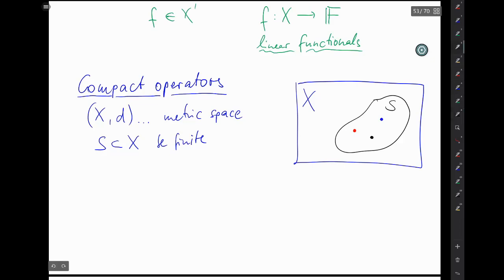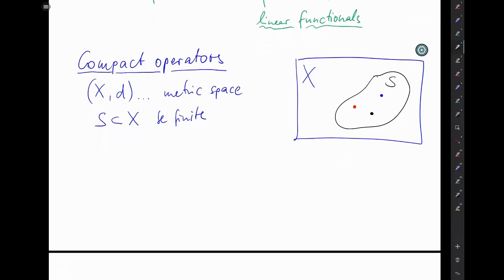And now what we're going to do is to look at sequences of elements in S. So let's take sequences x1, x2, x3, and so on, where every element is in S. So in our example, such a sequence could be red, black, black, blue, red, blue, blue, black, red, blue, black.